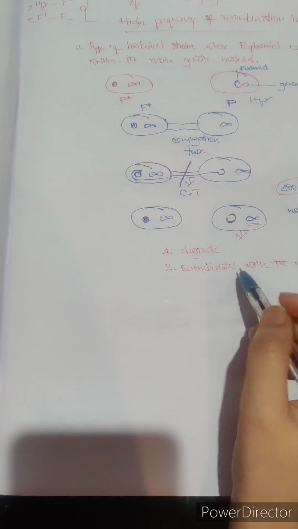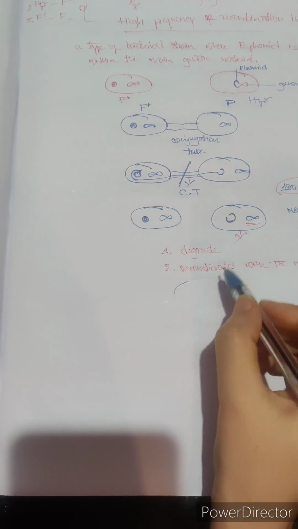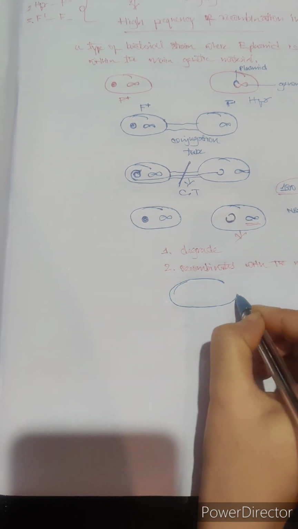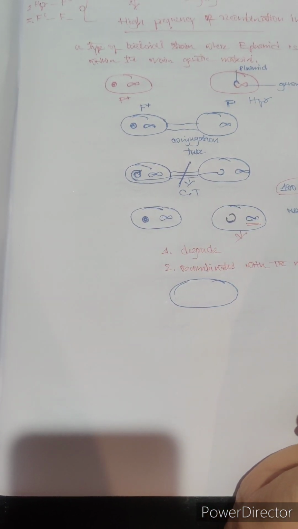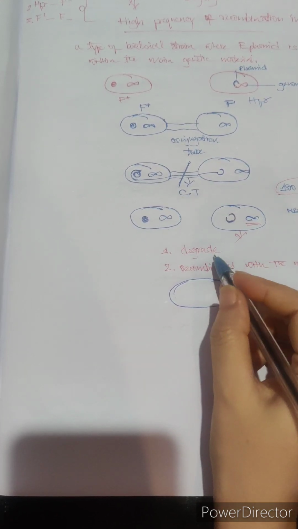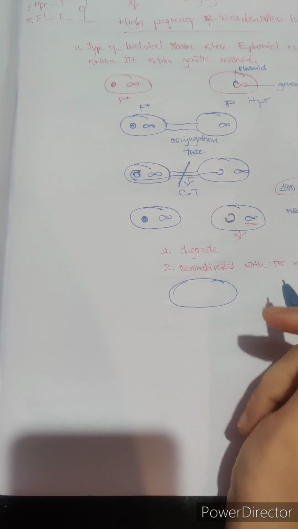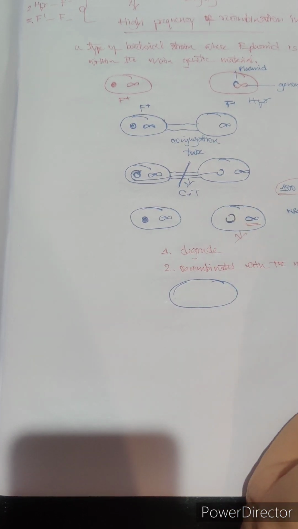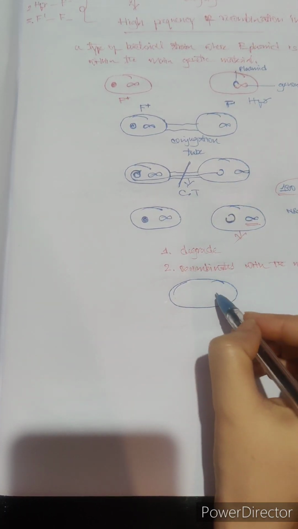So this is how the final genome of your bacterial cell would look like. Either it will degrade, or it will recombine with the main genome.